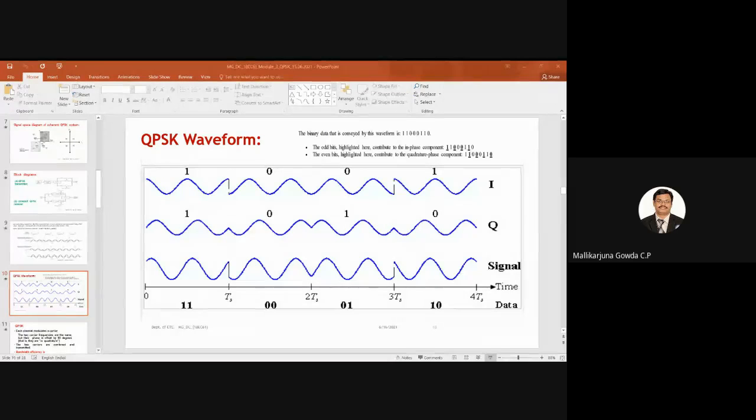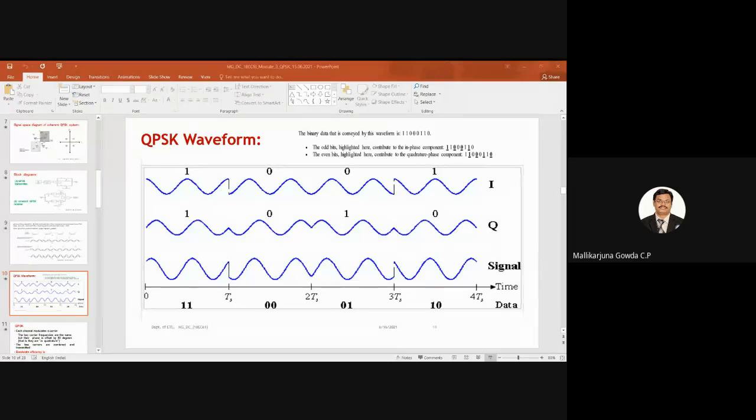Okay. So I have 4 dibits, right? 1, 1, then 1, 0, then 0, 0, then 0, 1. These 4 dibits will be converted with 4 phases. 1, 1 I said 45, then 1, 0 I said 135, then 0, 0 I said it is 225, and 0, 1 will be with 315 degree.